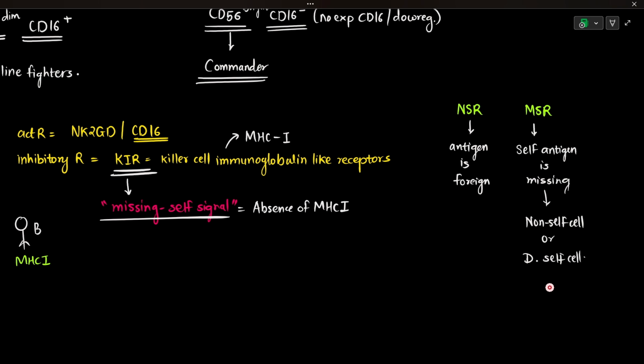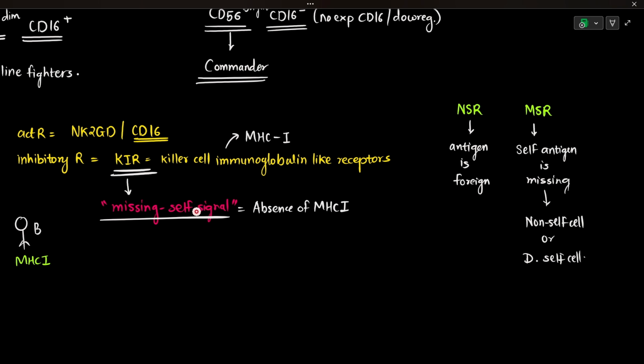And whenever a cell has an unusual profile of MHC molecule 1 expression, this simply means that even if that cell belongs to me, that cell is damaged and needs to be killed because it is going to cause further damage in future. And that is why this property of missing self recognition by the natural killer cells is used in immunotherapies, in cancer treatments, for training the natural killer cells against the tumor cells. Okay, so this is very important.